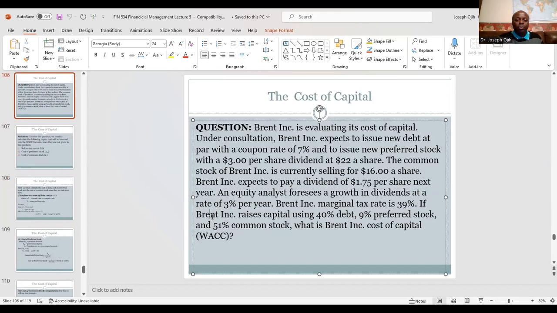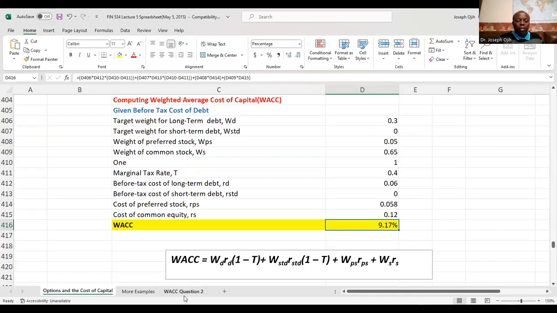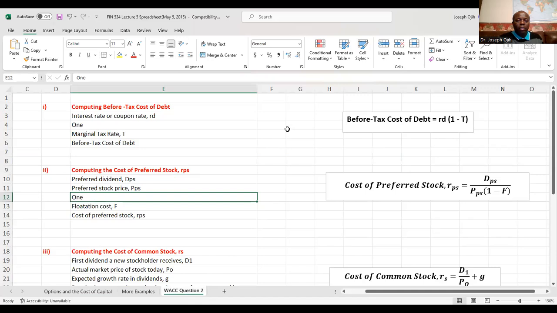So let's put this information into our Excel to calculate the before tax cost of debt. So RD is 7%, which is 0.07.